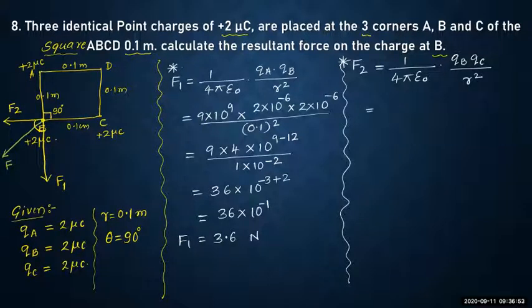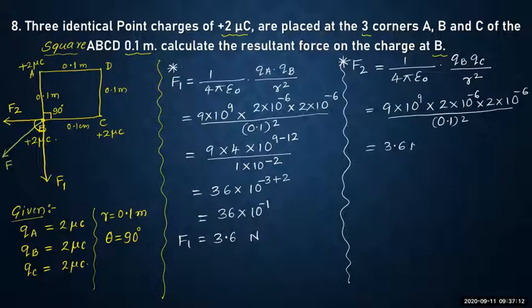Anyway, it is the same because all charges are identical. Then we get the same answer. No change at all. So we get 3.6 Newton only. F2 is also the same. Therefore, now let us go to the resultant force.